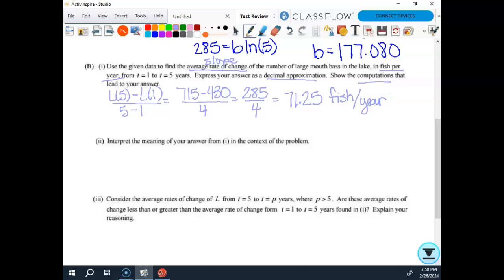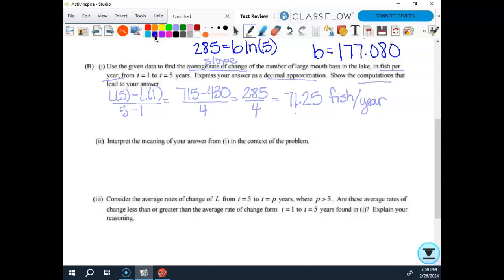Then we're going to interpret the meaning of your answer from Roman numeral 1 in the context of the problem. All right, so you first want to decide, is this increasing or decreasing? Your rate of change is positive, which means that the function is increasing, right? So the number of fish is increasing.